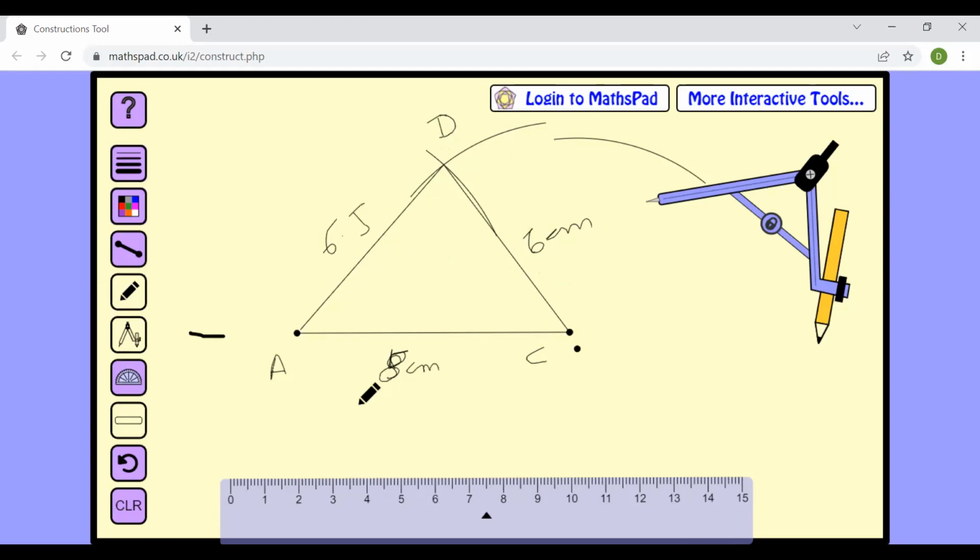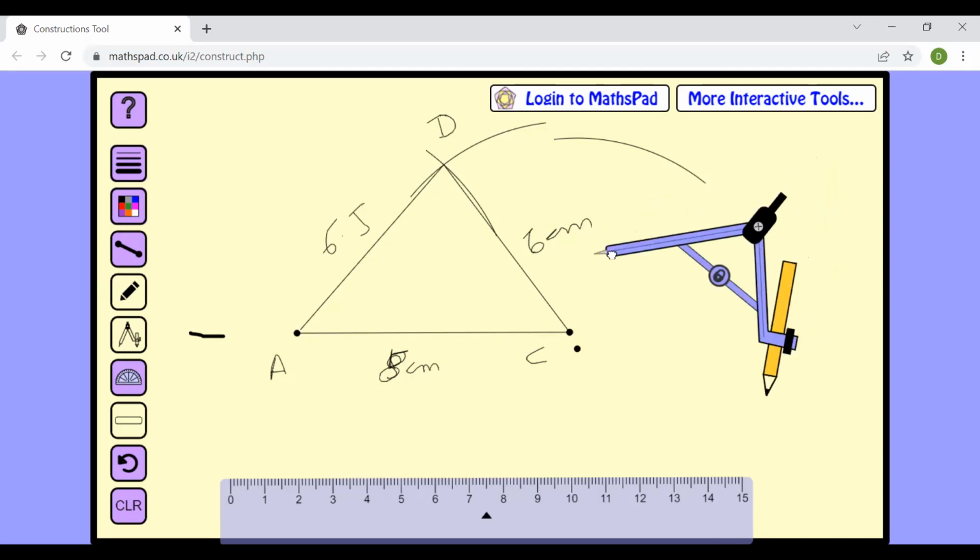Now we will construct the other half part. How will you construct the point B? For getting the point B, draw an arc from A of 5 centimeter and draw an arc from C of 7 centimeter.